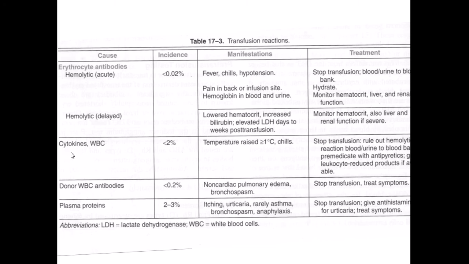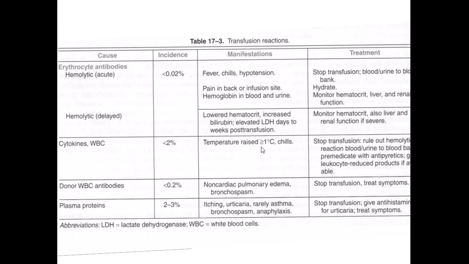The other ones are when we have the cytolytic white blood cells, which sometimes could be responsible. The cytokines that are produced are responsible for the fever, although we see them in less than 2% of cases, and we monitor the temperature for those.